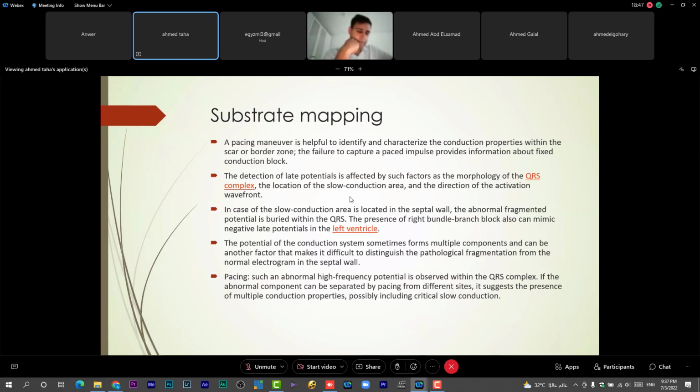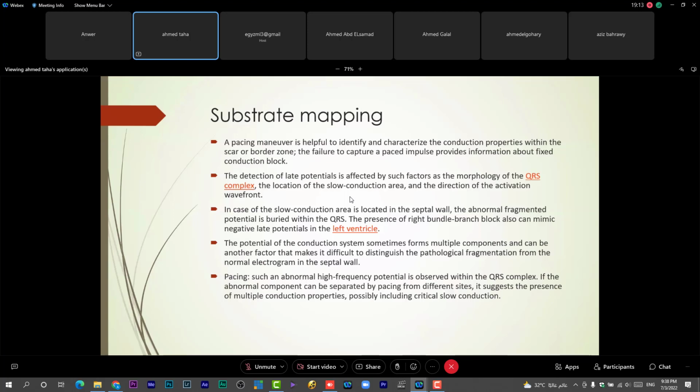For example, if you are mapping during sinus rhythm and mapping during, for example, RV pacing, it will give you different morphology and different late potentials. So you must keep in mind, try to pace sometimes and map also in sinus rhythm, to be sure whether these potentials are LAVA or late potentials.